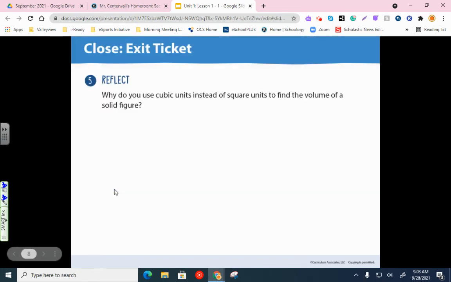And lastly, why do you use cubic units instead of square units to find the volume of a solid figure? Well, a solid figure is 3D.